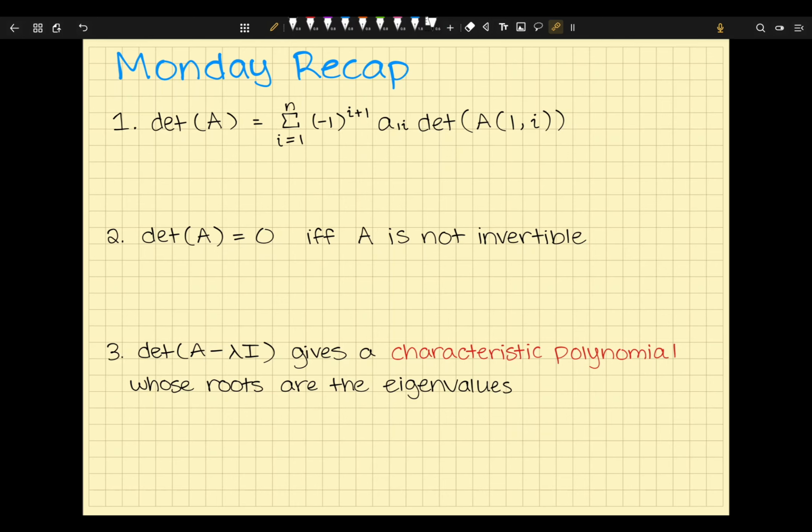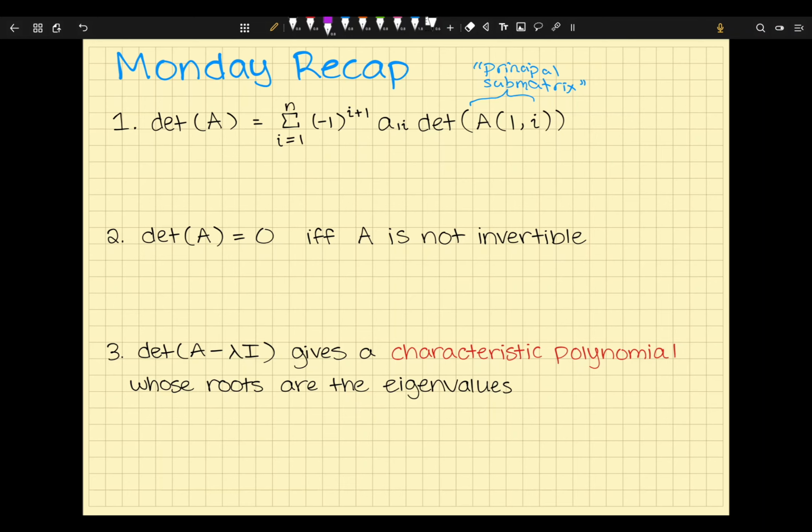And just to hit you with some vocabulary that you might see on the internet if you're reading about the determinant. So on Monday, well, this one we already saw. We called this matrix here, where you remove the first row and the ith column, the principal submatrix. And for your homework, you will be coding a function to get a principal submatrix.